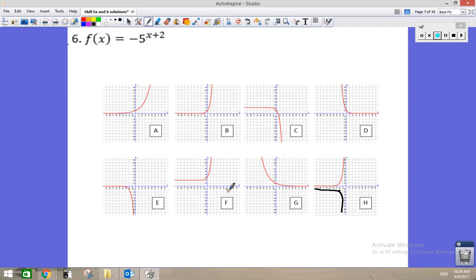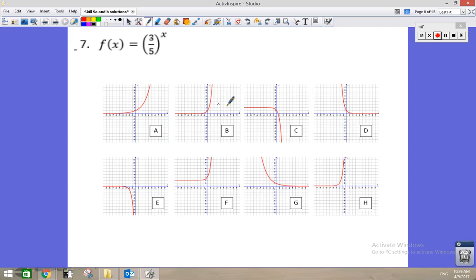So it's looking like that. And the only one that looks like that would be choice E. The graph of 6 is a reflection of the graph of 5 across the x-axis.